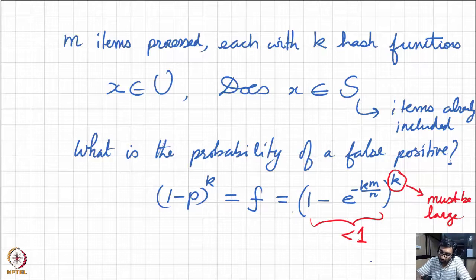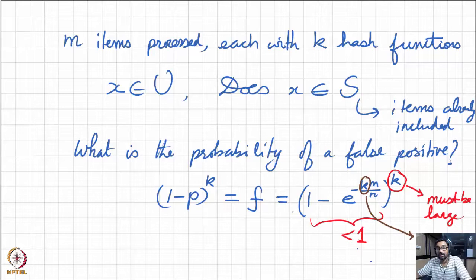On the other hand, let's focus on this other k. As this k increases, e to the minus km over n is going to decrease. And if e to the minus km over n decreases, 1 minus e raised to the minus km over n will increase.